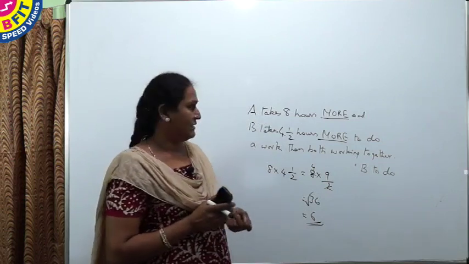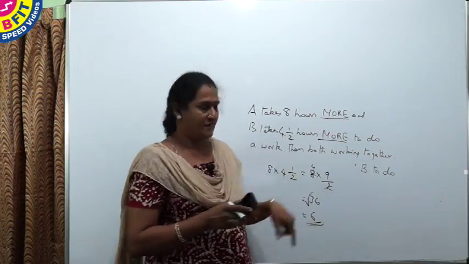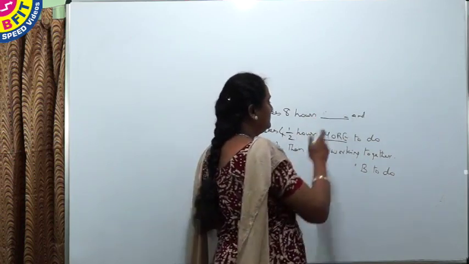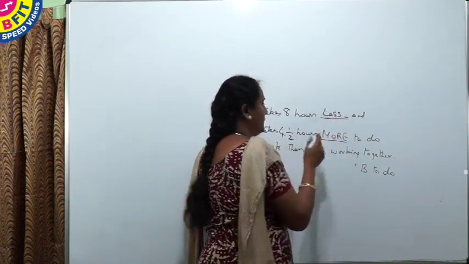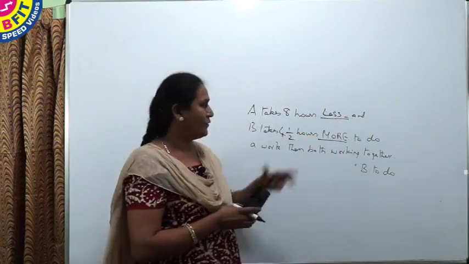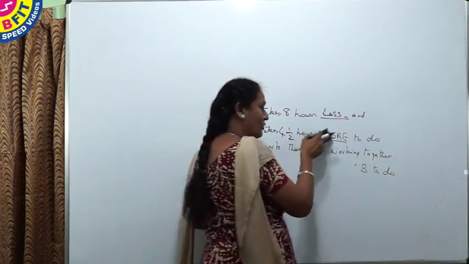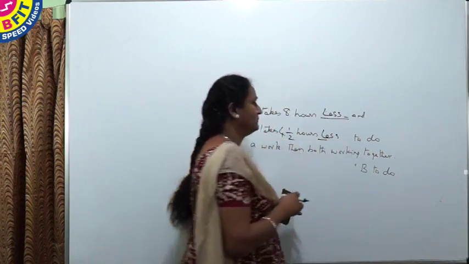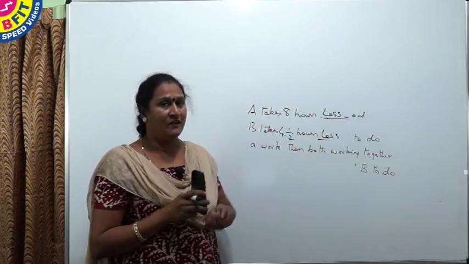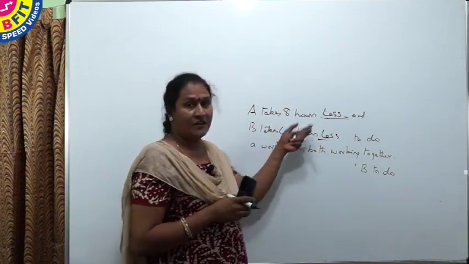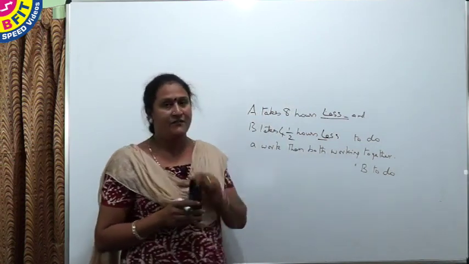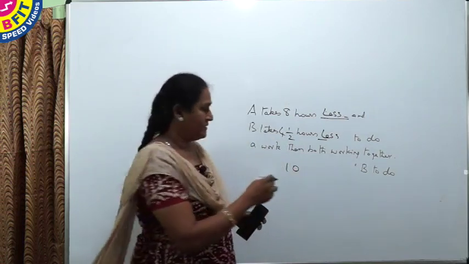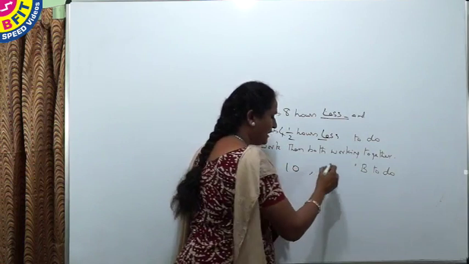Suppose in this question they give us less, so A takes 8 hours less, for one value less or both values less. Then what will be the working? Whenever they give us less, the data itself is wrong. Suppose A can do a work in 10 days and B can do a work in 15 days.